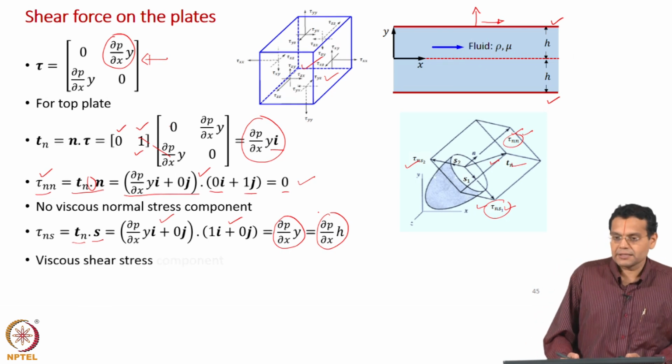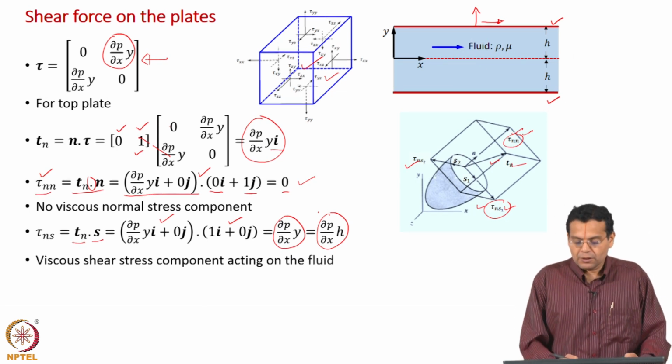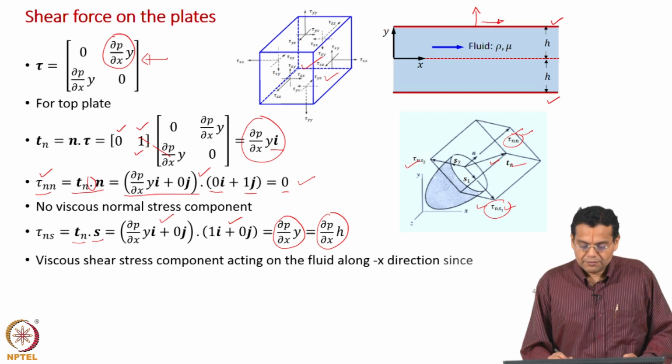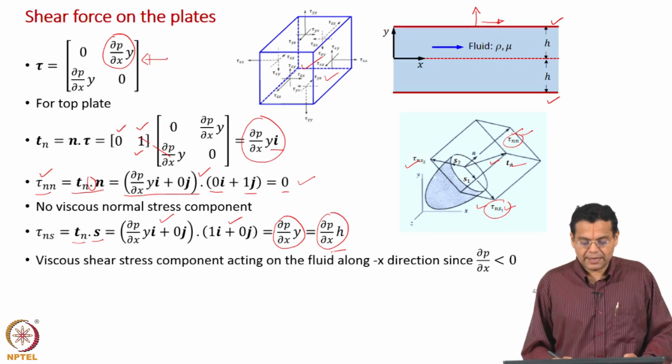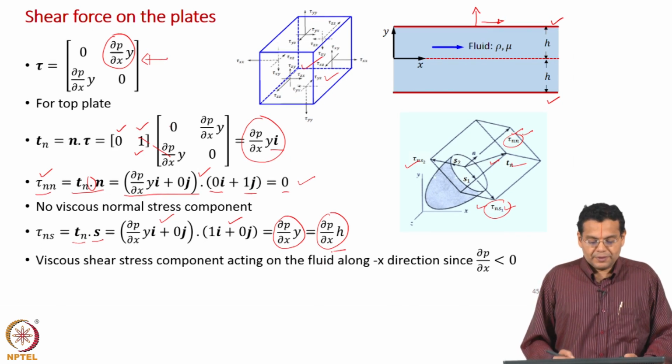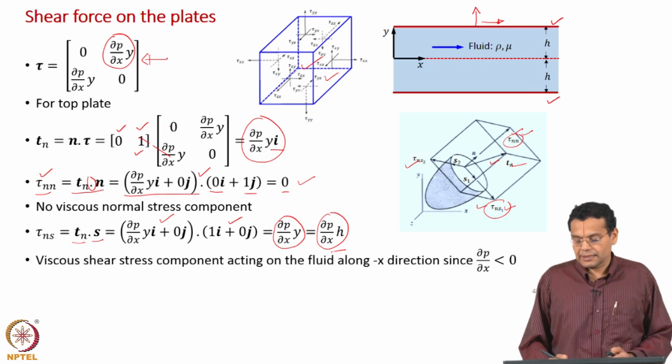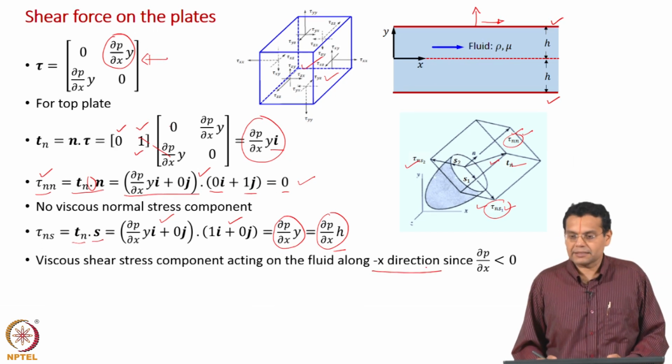So, there is a viscous shear stress component. What is the direction? We have discussed already that dou p by dou x is negative, which means that this will be negative, and so the shear stress is acting along the negative x direction.